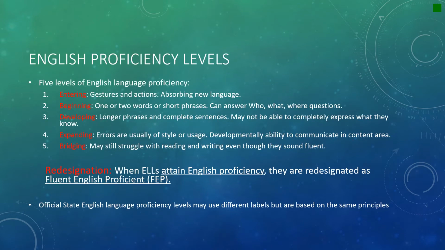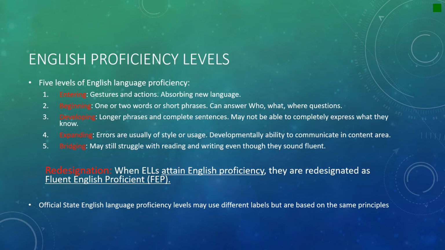There are typically 5 levels of English language proficiency. Now, states vary on which programs they use, and even school districts can vary if a state hasn't adopted one. However, WIDA, W-I-D-A, is a very common program that I think over 30 states use. Pennsylvania is one of them. And so I'm using the terms used for WIDA: entering, beginning, developing, expanding, bridging.